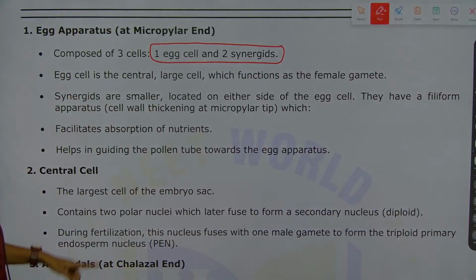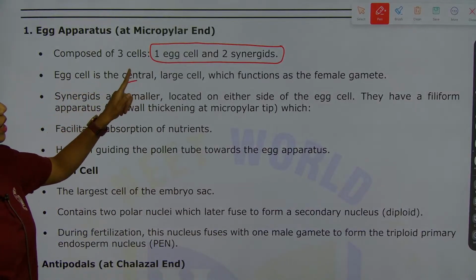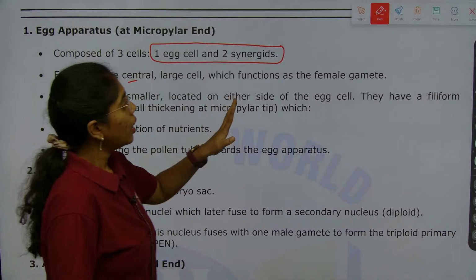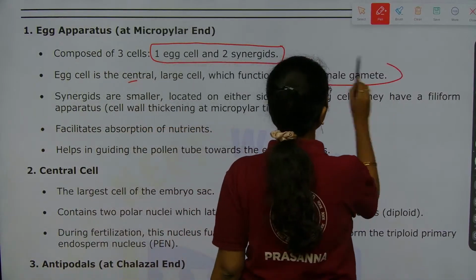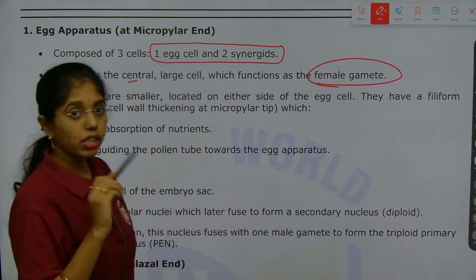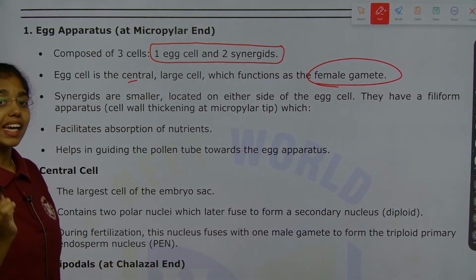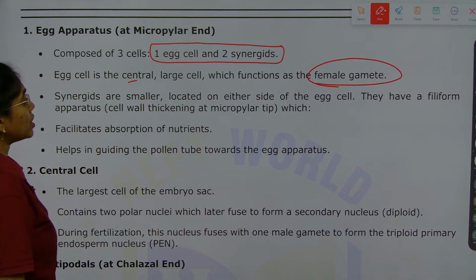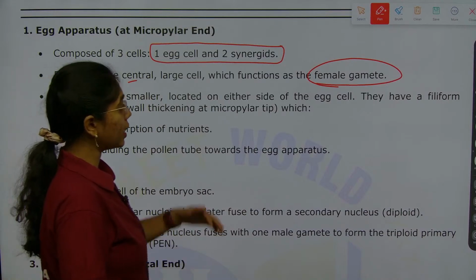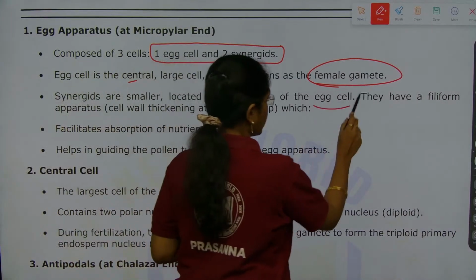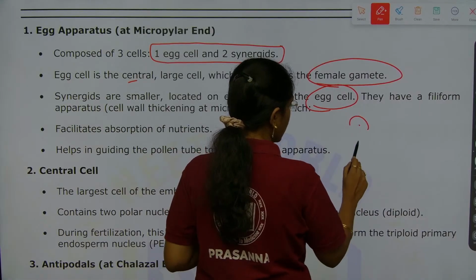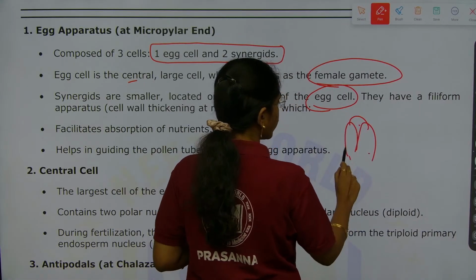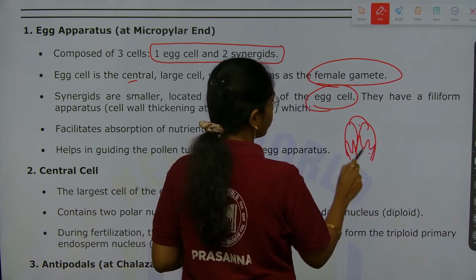So here you see the egg cell is the central, large cell which functions as what? Female gamete. Remember, egg is the female gamete, the embryo sac is the female gametophyte which is bearing the egg cell. Synergids are smaller, located on either side of the egg cell.